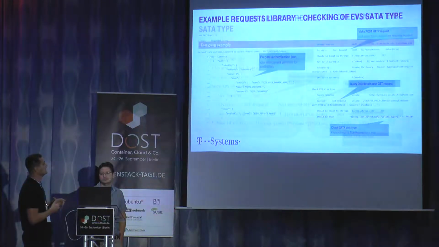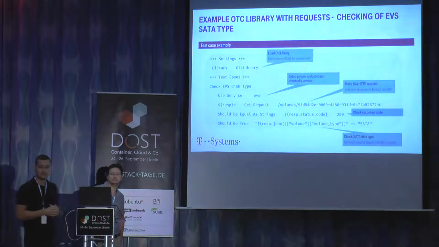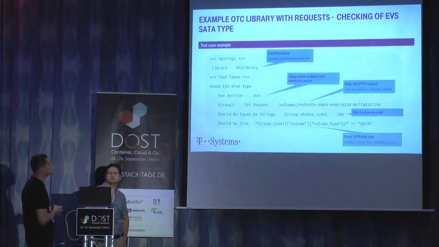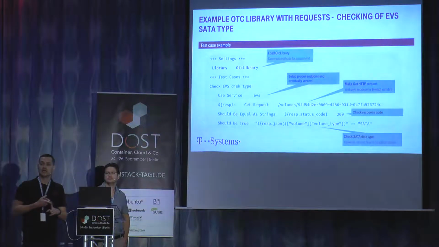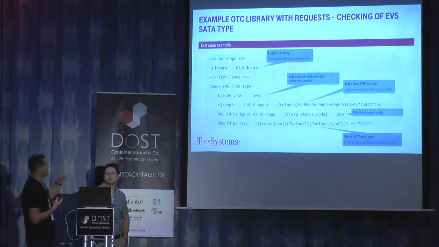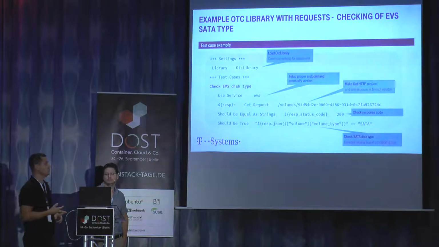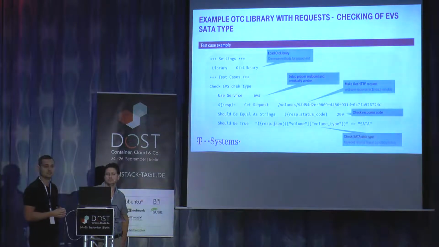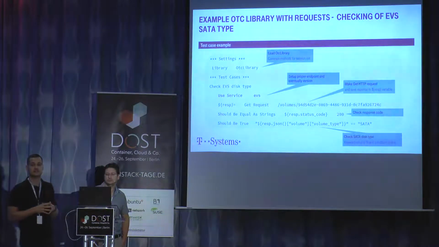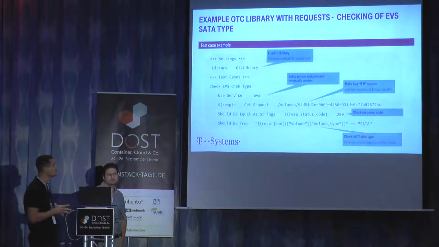In the second example, we simplified it a bit. We use the OTC library, and you immediately can notice that we do not need to bother with the token creation, as an example. We do not need to bother with the endpoint, which particular endpoint we would like to use. For that, we use service EVS, which is the volume service, automatically defines and uses the proper endpoint.